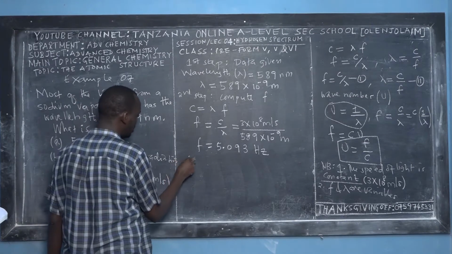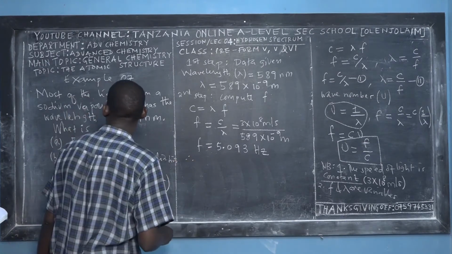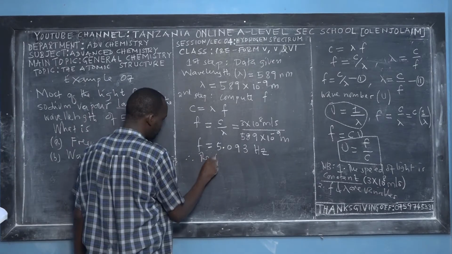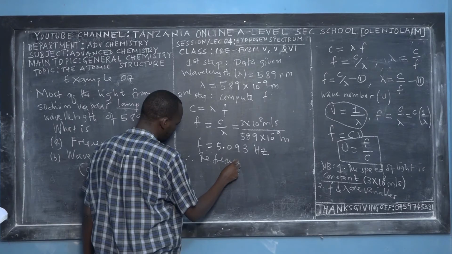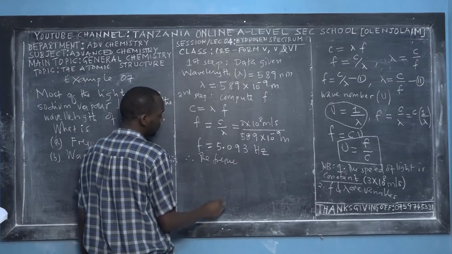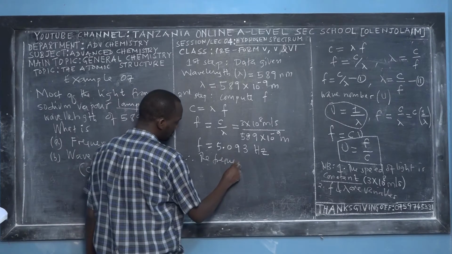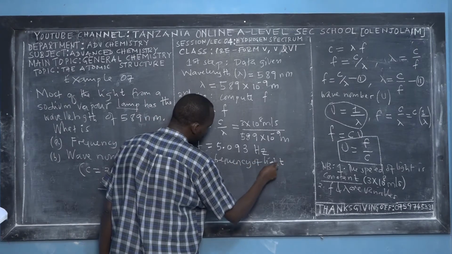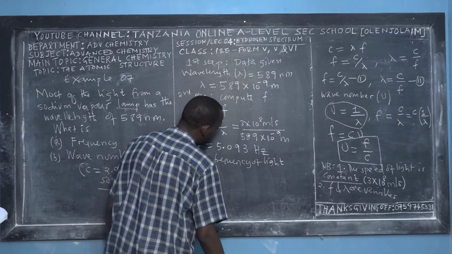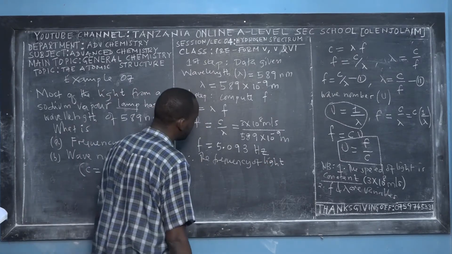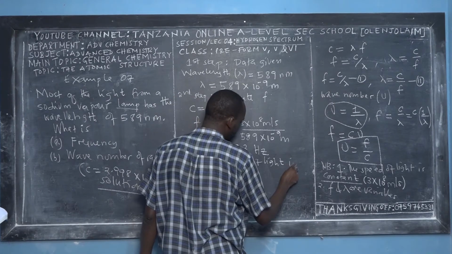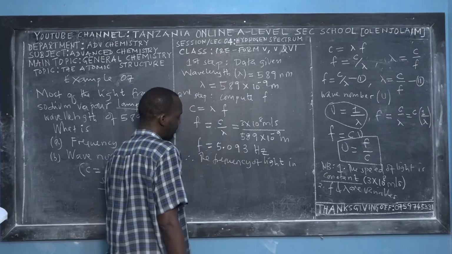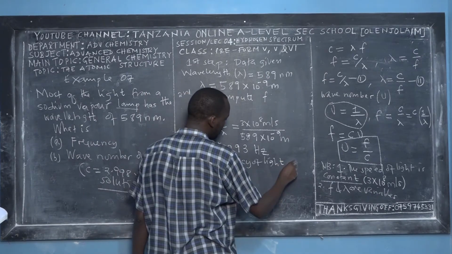So therefore, what has been asked in the question, the frequency of the light, is 5.093 times 10 to the 14 hertz.